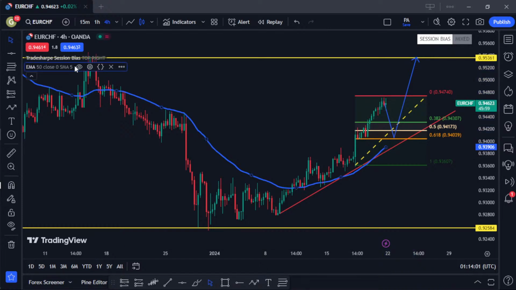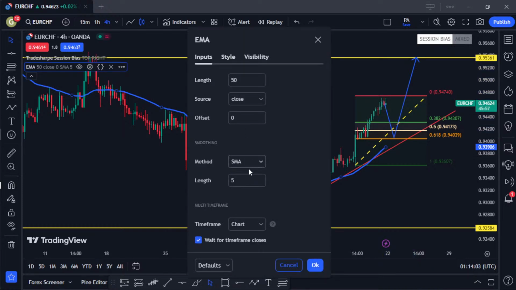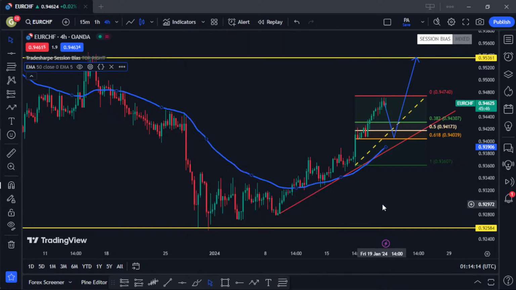In case you are wondering which 50 moving average I'm using, you can see it here, EMA, and the length I'm using is 50. You can use EMA or SMA, they are almost the same.